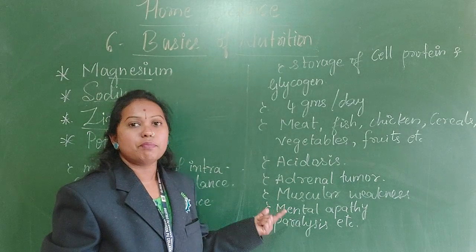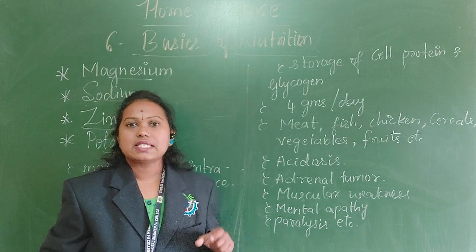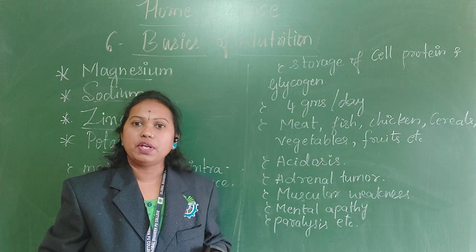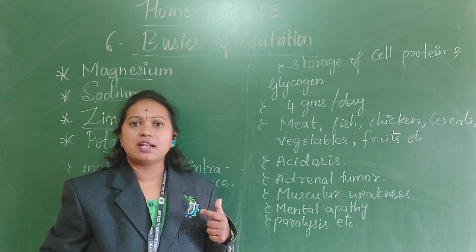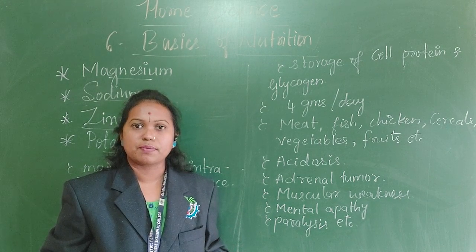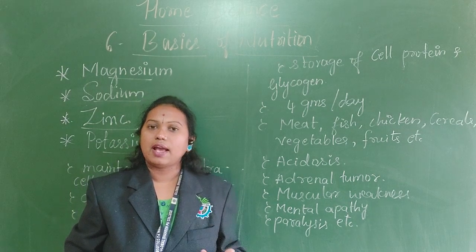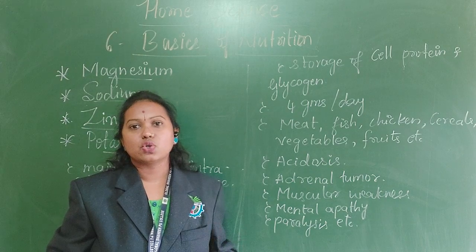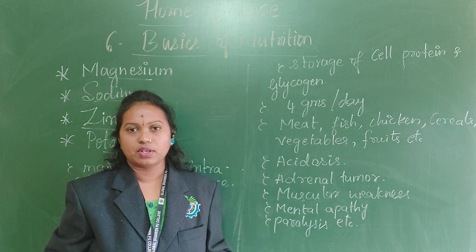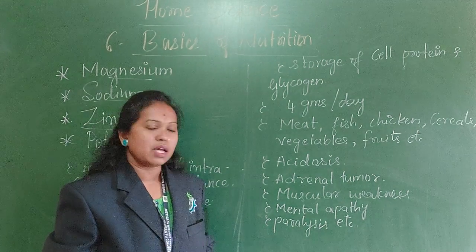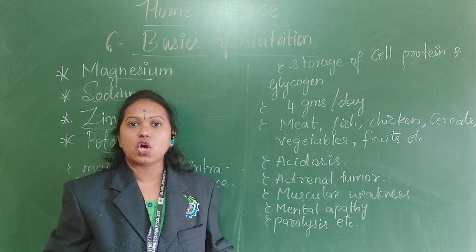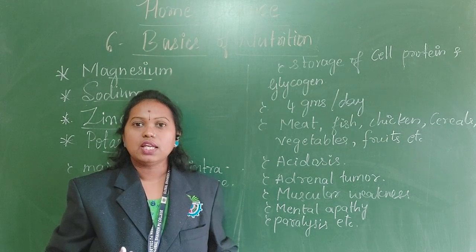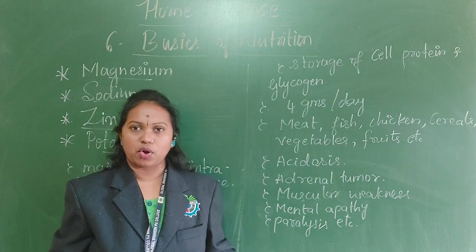And the mental apathy. It is characterized by a feeling of indifference and lack of emotions, that is, a lack of interest in life activities and social interaction. And paralysis. Paralysis is nothing but the loss of muscle function in a part of your body.